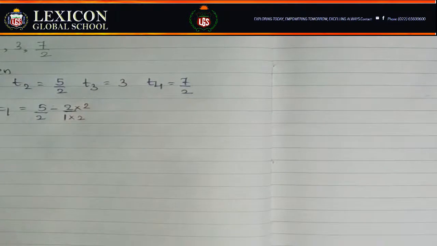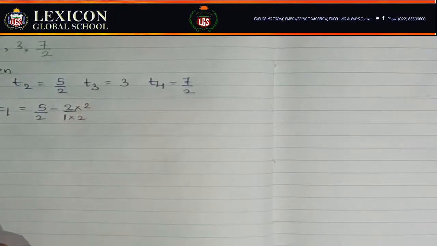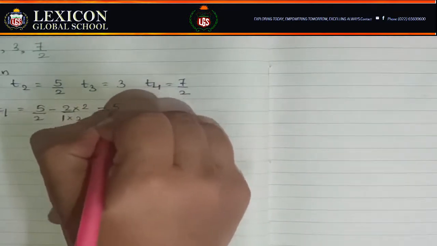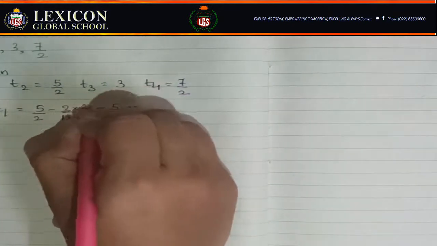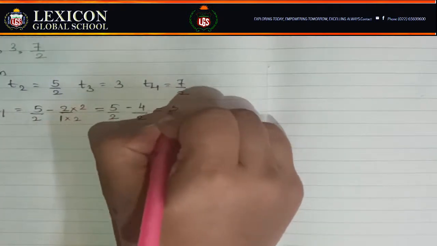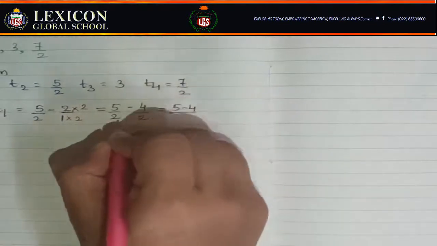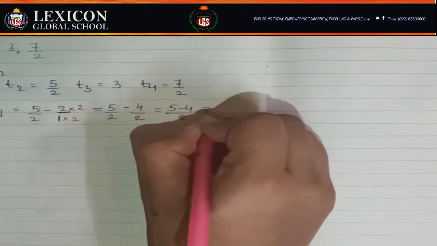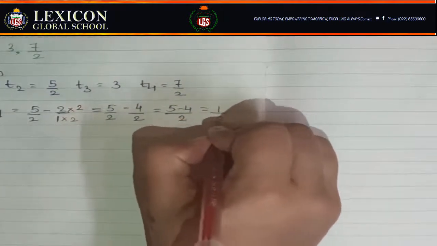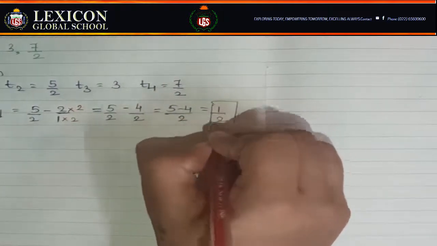Since I multiply the denominator by 2, I even multiply the numerator with the same number. So now I get 5 upon 2 minus 2 2s are 4 upon 2. That gives me 5 minus 4 upon common denominator 2. 5 minus 4 is 1. So 1 upon 2 is my answer.